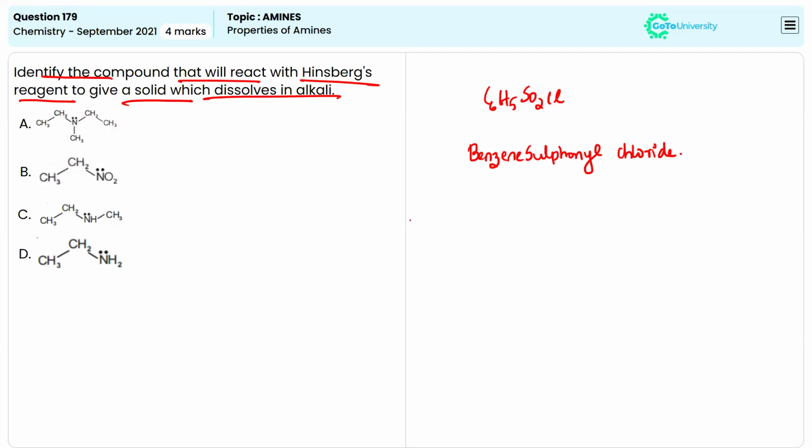Okay, so when primary amine, I'll write primary amine, this is a general reaction, reacts with Hinsberg reagent, they will produce N-ethyl benzene sulfonamide.